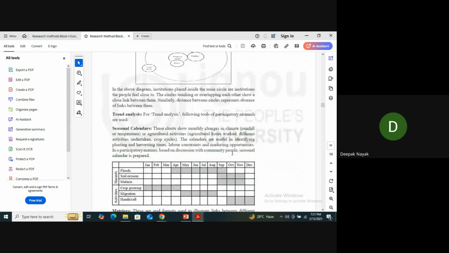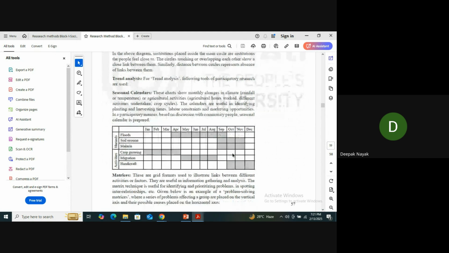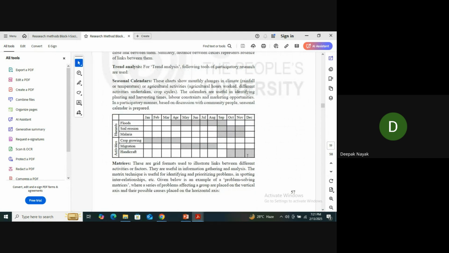Then calendars also are done. This is particularly made for the people to know their food production all through the year. In the month of January, what food production they have in the community. In February, what they have, to understand how long they have agricultural activities or employment.